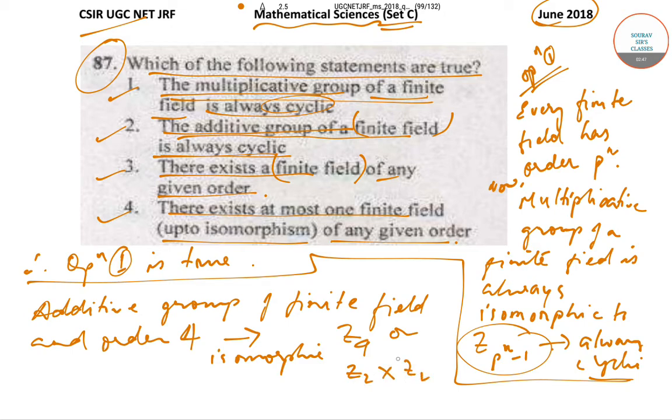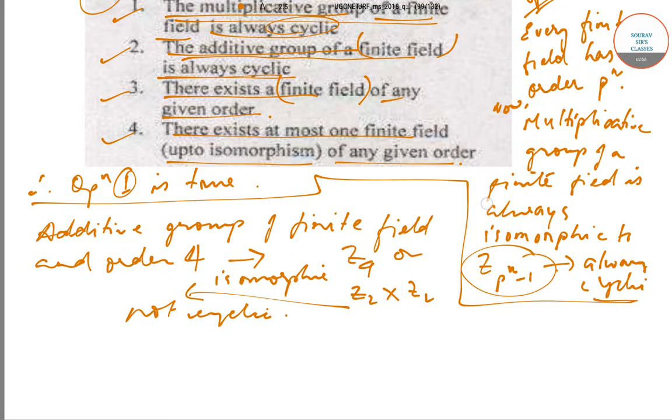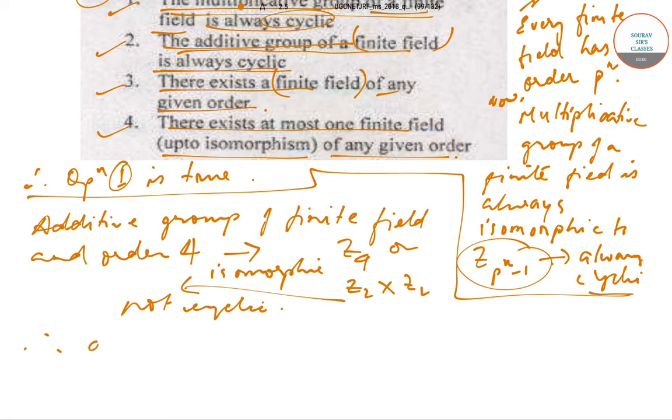So as you can see over here, these are not all cyclic. So therefore we cannot say that the additive group of a finite field is always cyclic. So therefore option 2 is false.